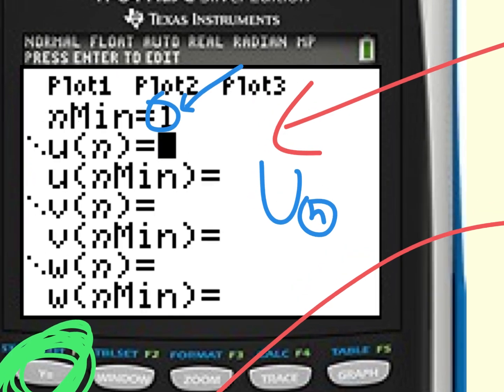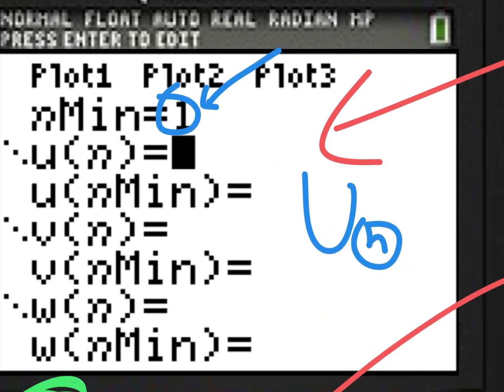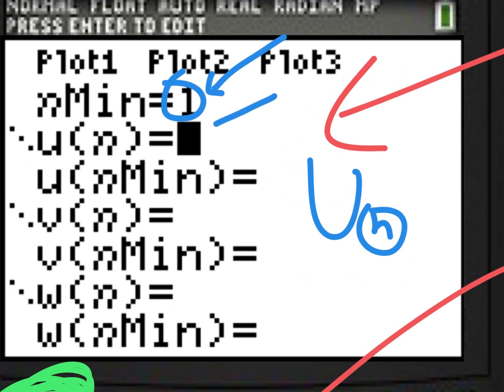This spot right here, got the little black box? It doesn't on yours. It's just that the cursor was blinking when the person took a screenshot of this. You have to put a number there. Let's think about what it means. We just said n min is 1.